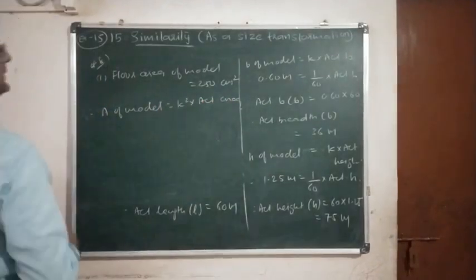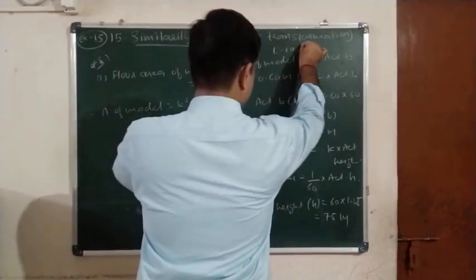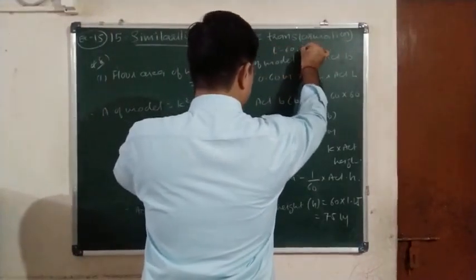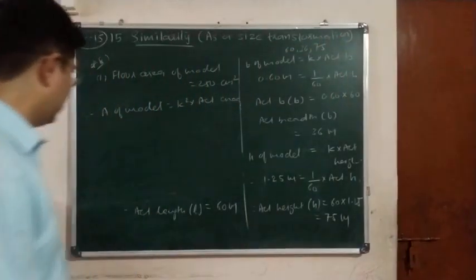Okay, length, breadth and height, let us note down somewhere: length 60, breadth 36, and height 75.